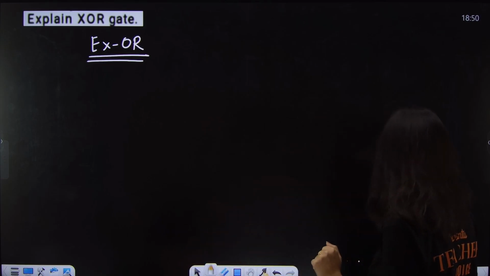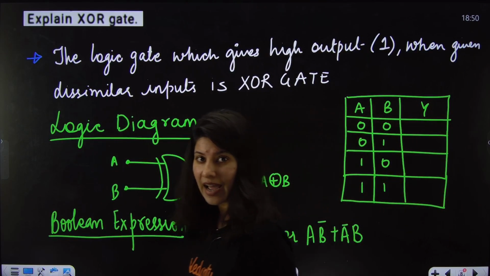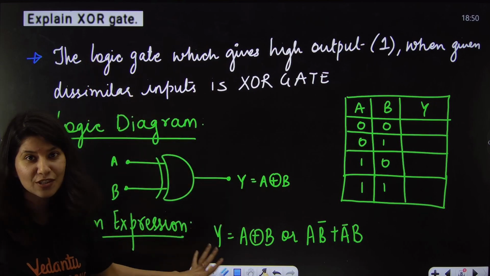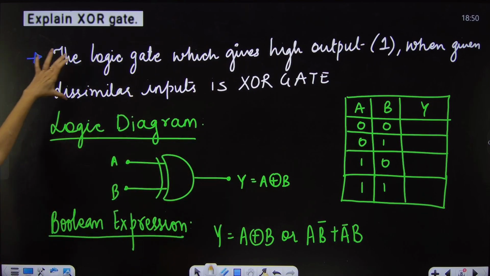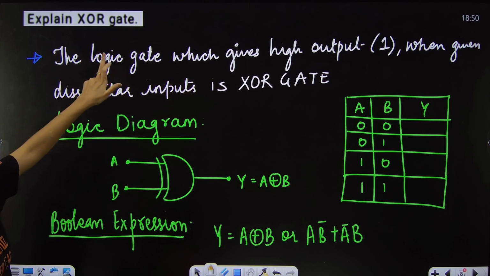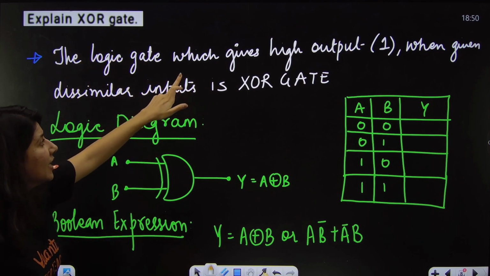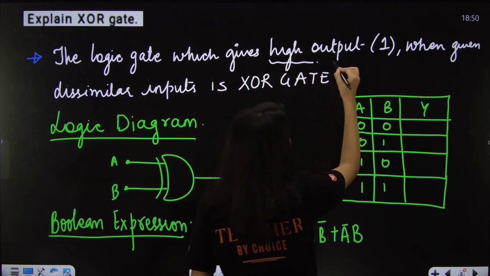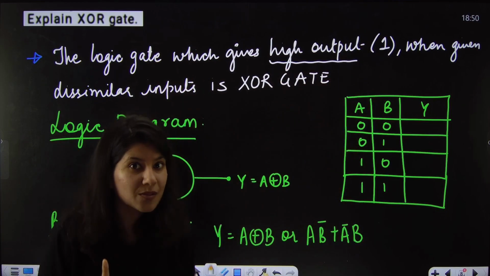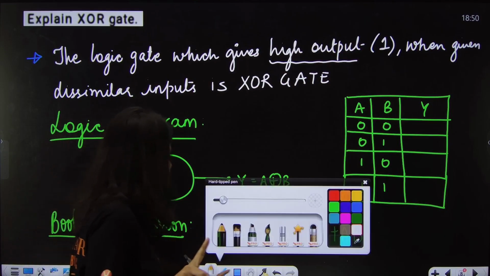This is how you write the XOR gate. I have written a beautiful answer just for you. This is the explanation. What exactly is the XOR gate? XOR gate is a logic gate which gives high output. What is high output, ma'am? High output means 1 and low output means 0.